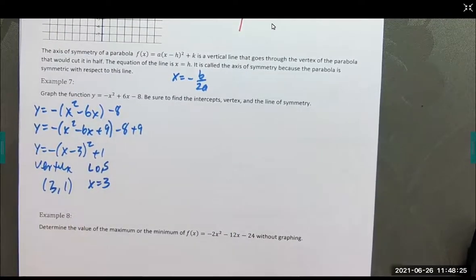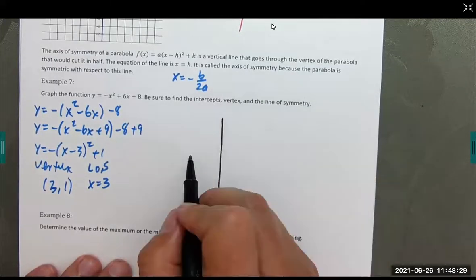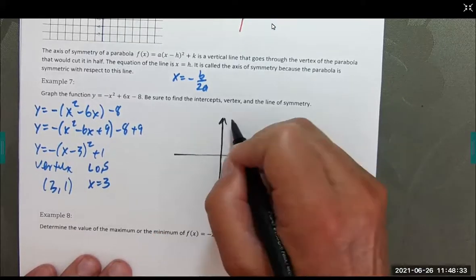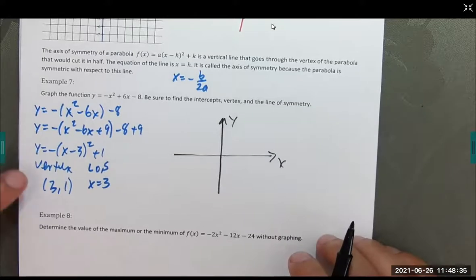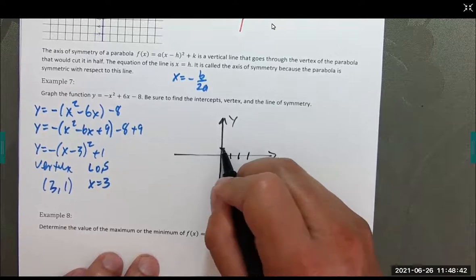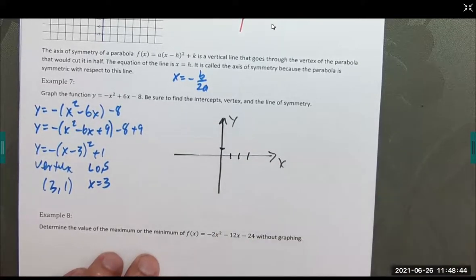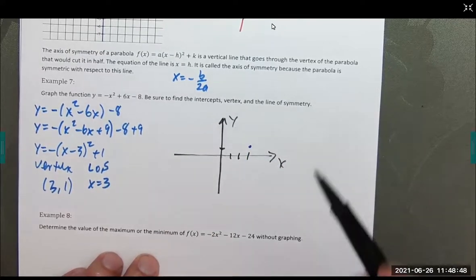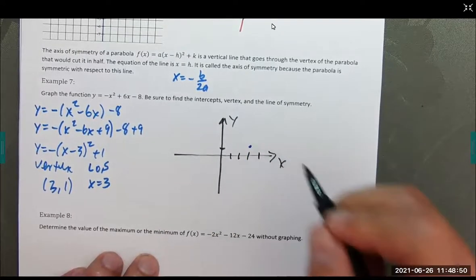So let's see what this graph looks like. And as I mentioned before, because it's a negative coefficient here, it's going to be headed downward. So vertex is at 3, 1, 2, 3, 1. So we're up here. And that actually is going to cut through.